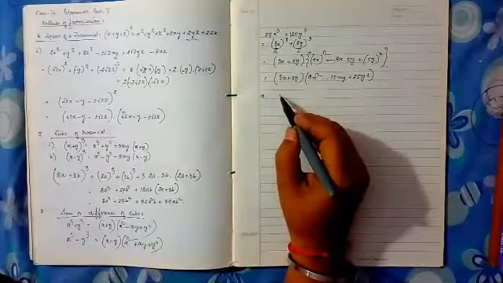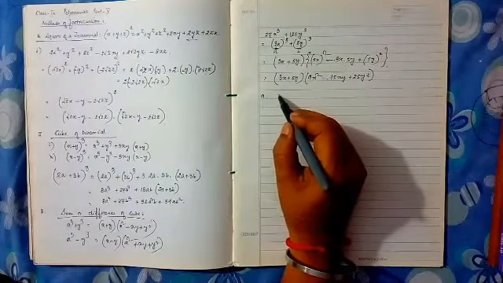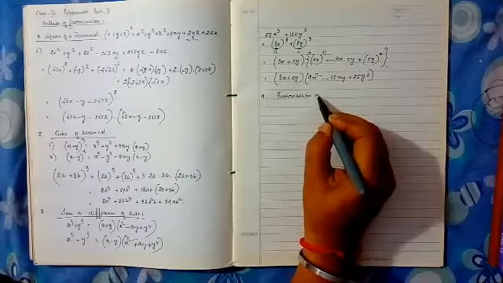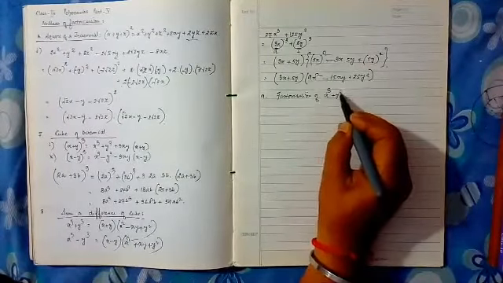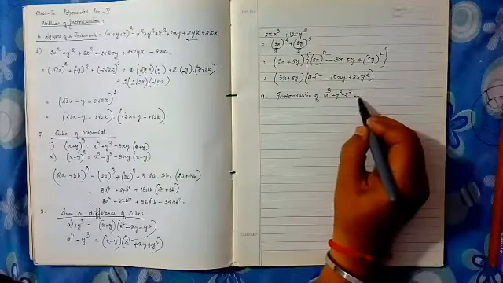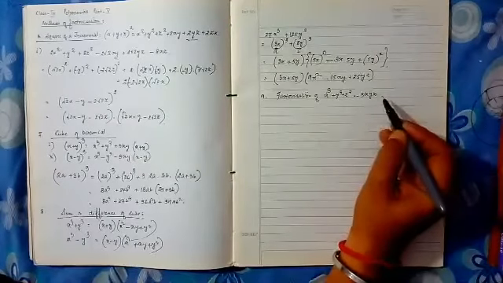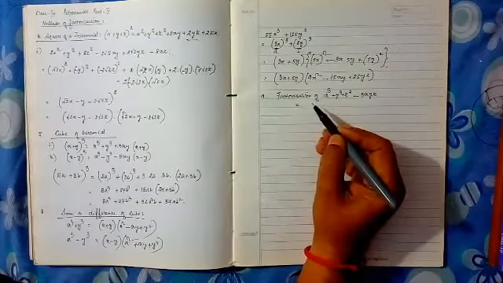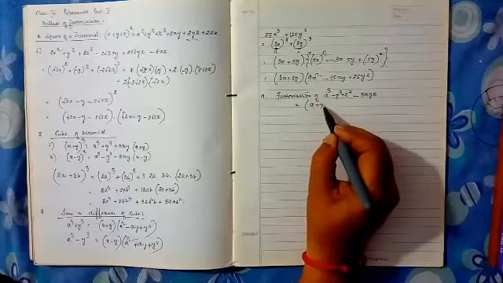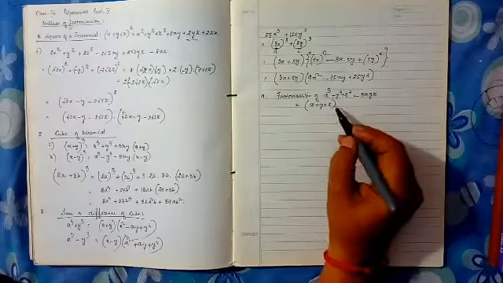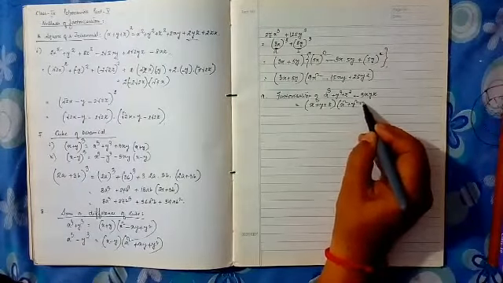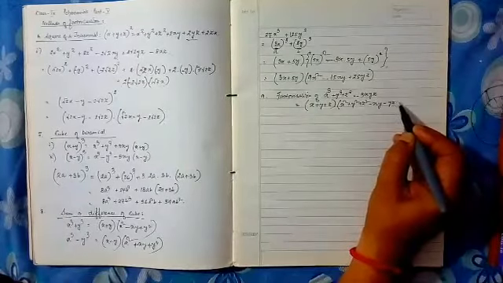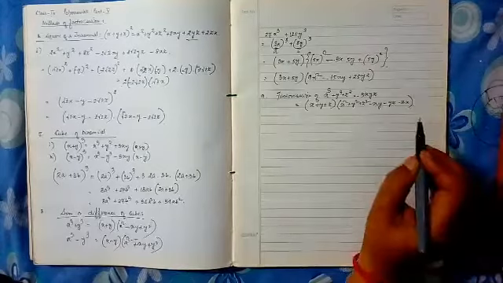So the identity is: x cube plus y cube plus z cube minus 3xyz is equal to x plus y plus z into x square plus y square plus z square minus xy minus yz minus zx.